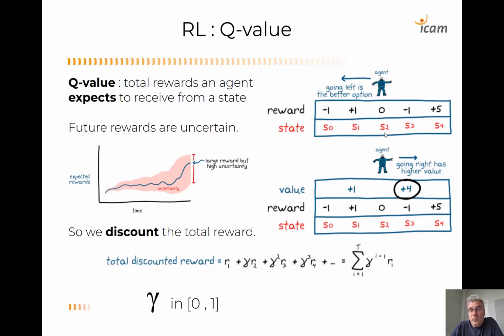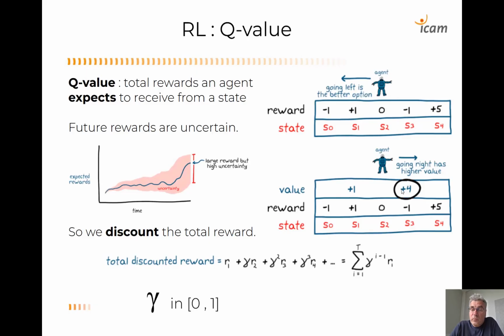Now, being in the state S2, you have another choice, which is to go to the right. If you go to the right, you will first receive a reward of -1. But if you continue to go to the right, you will receive another reward of +5. So the total reward is -1 plus 5, which is +4.